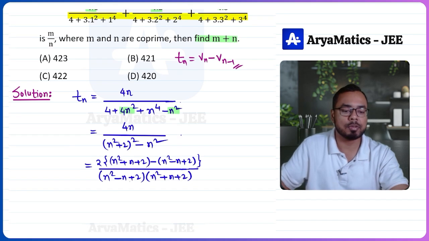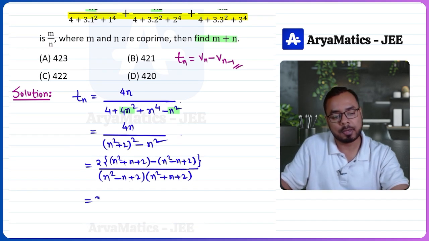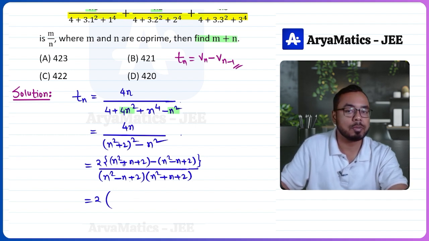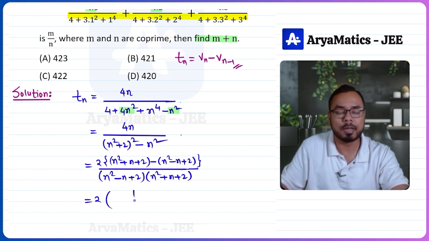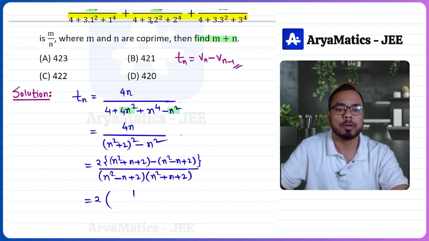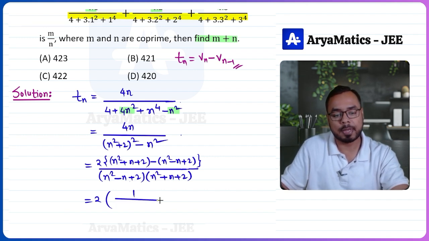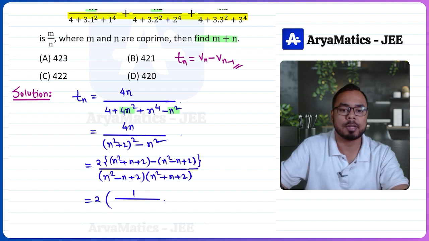And now you can see that if you separate this, you will get twice of, and in the first one n square plus n plus 2 will cancel, so we have n square minus n plus 2 in the denominator. In the second one the other term will cancel, and you will get this one in the denominator.